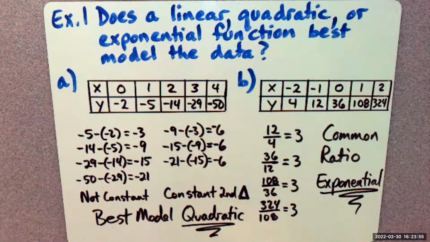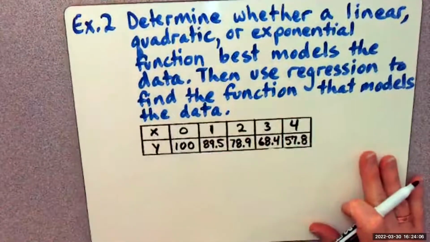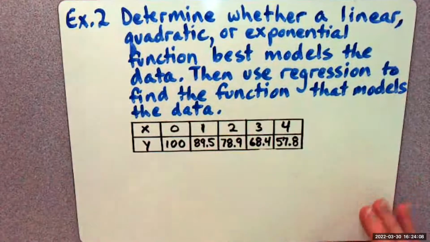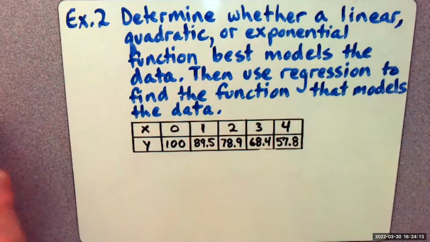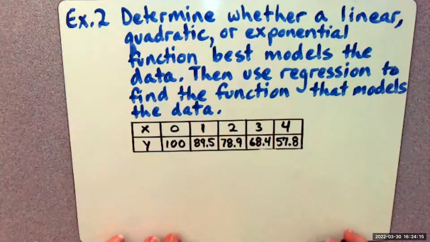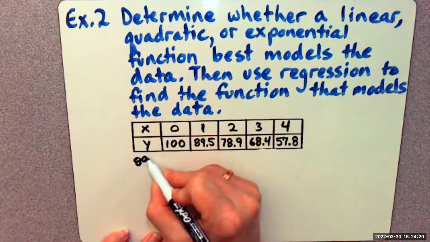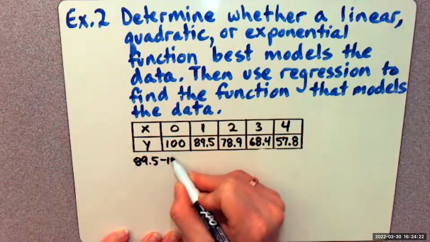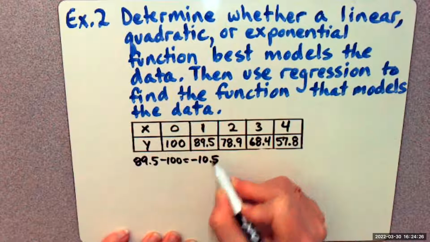All right. Let's take a look at another example for a real life model. This is data that has been collected in a real life situation, so it's not going to be exactly perfect. When we take 89.5 and subtract 100, we get -10.5.